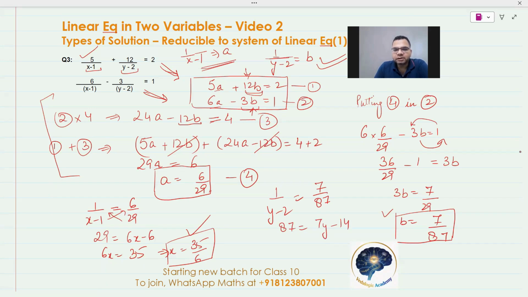So 87 plus 14 becomes 101 equals 7y, and y becomes 101 by 7. So this is how we can find the answers of both x and y. So I hope this is clear. Okay, so I'll go to the next question now.